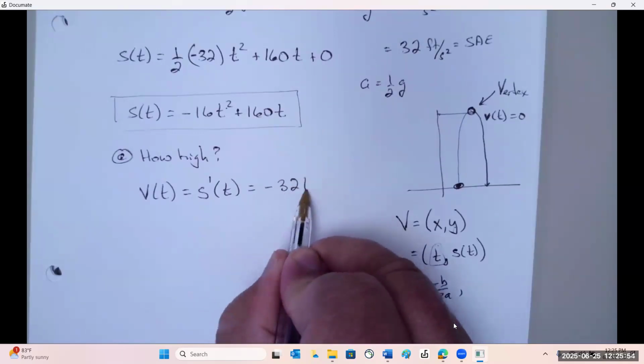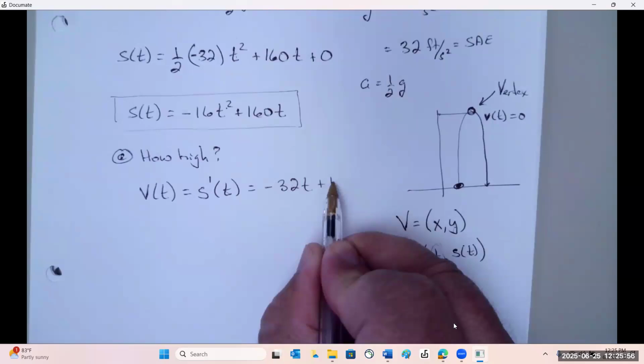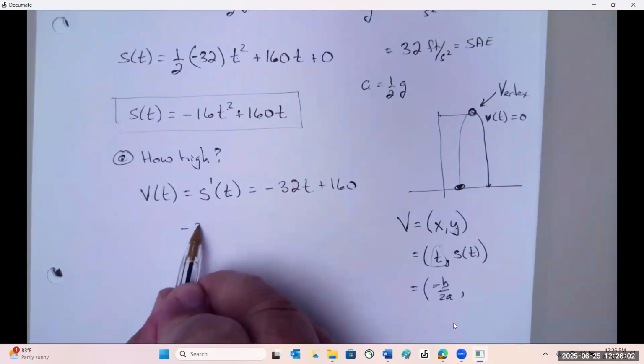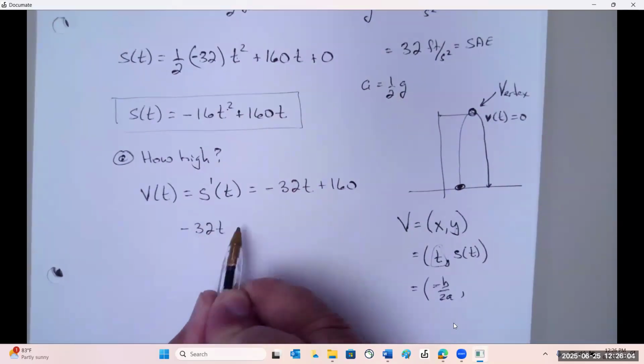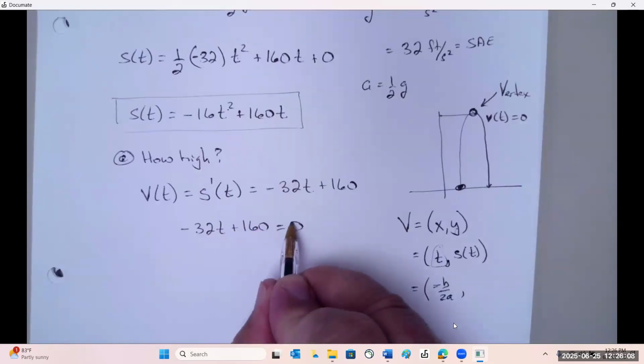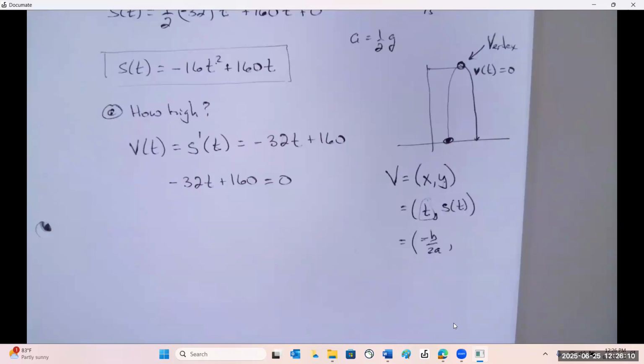Negative 32t plus 160. Set that equal to 0 and solve for time.